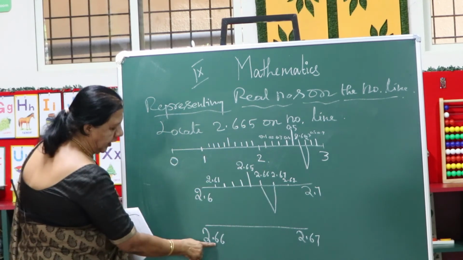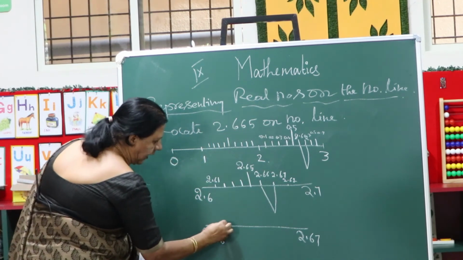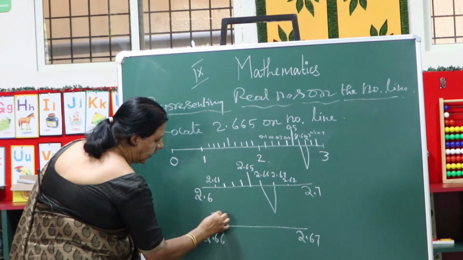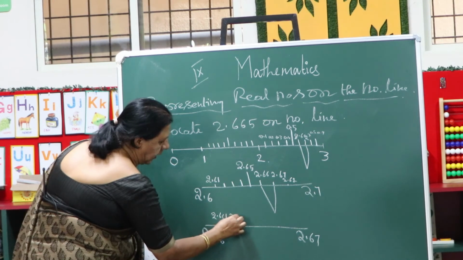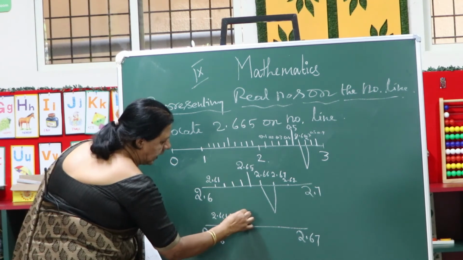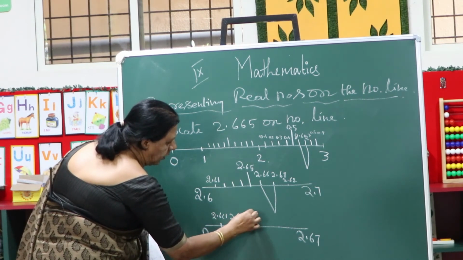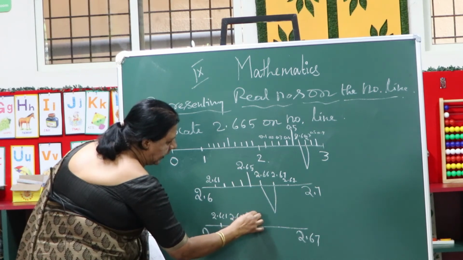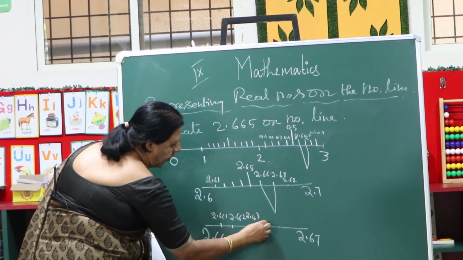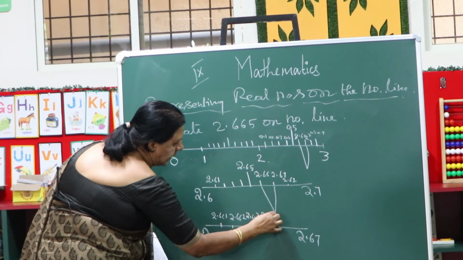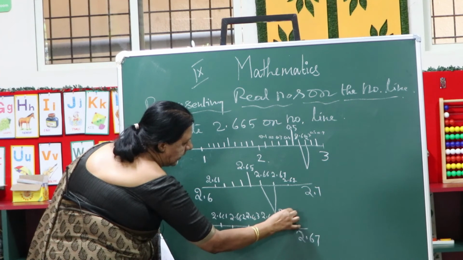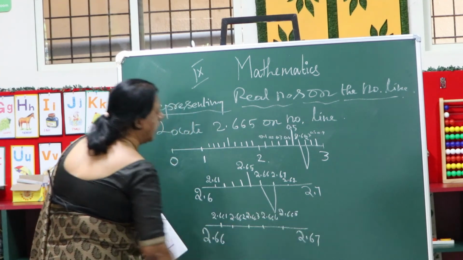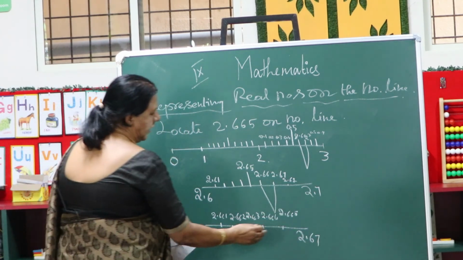2.665. So here 2.66 is there. Once again 2.661, 2.662, 2.663, 2.664, 2.665.